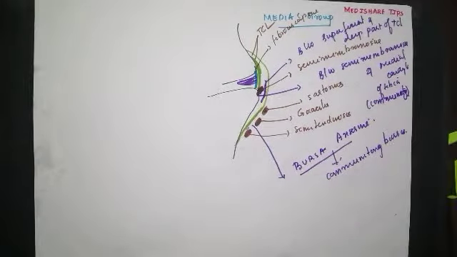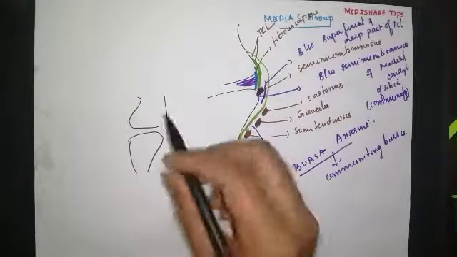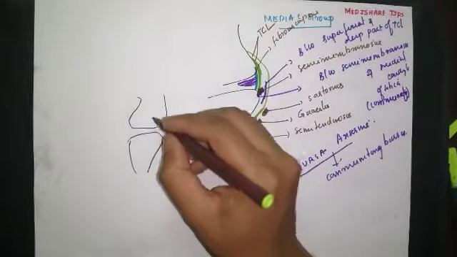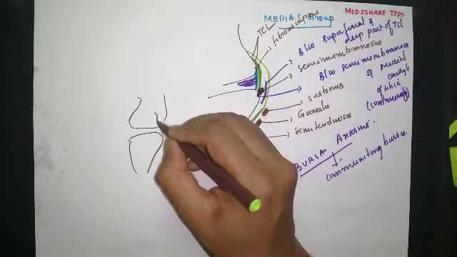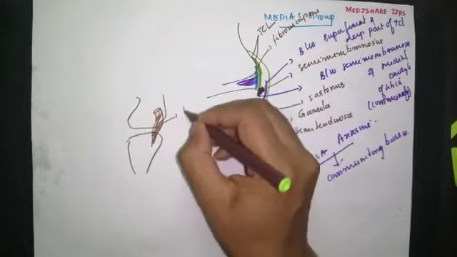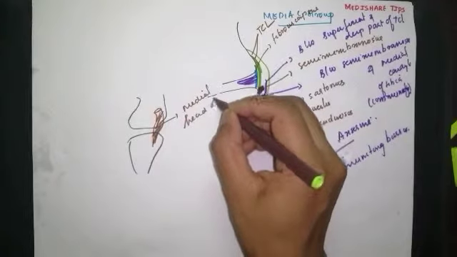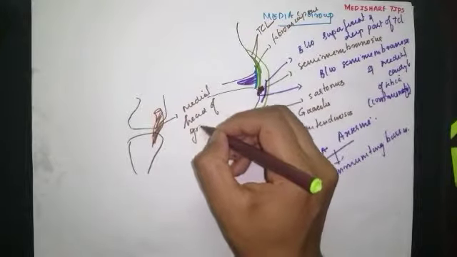And posteriorly, if you look at the posterior aspect like this, on the medial aspect, which muscle is located posteromedially? You can see the medial head of gastrocnemius.